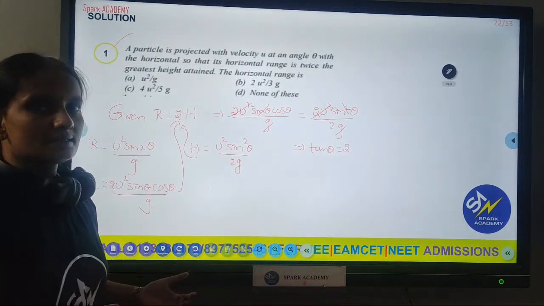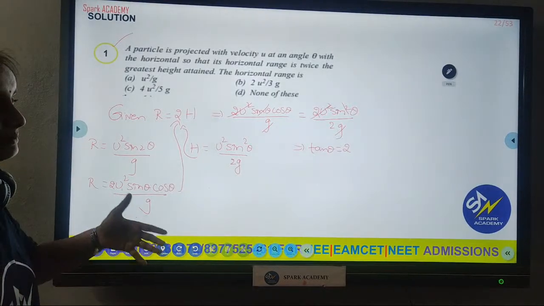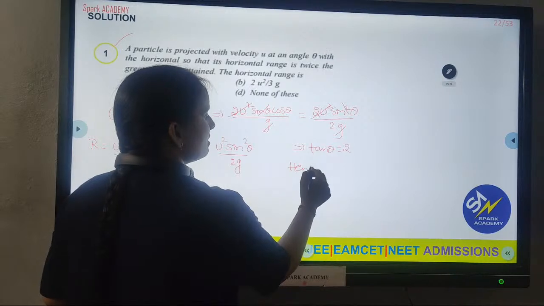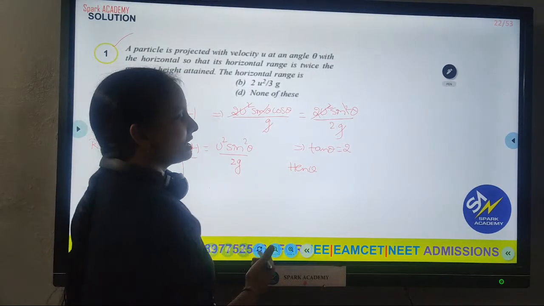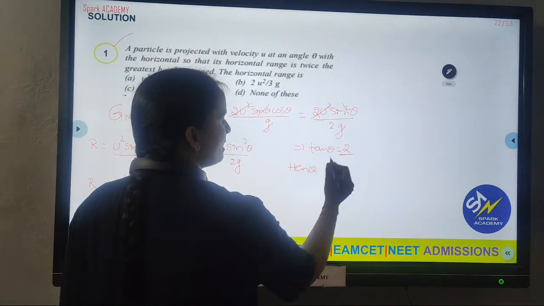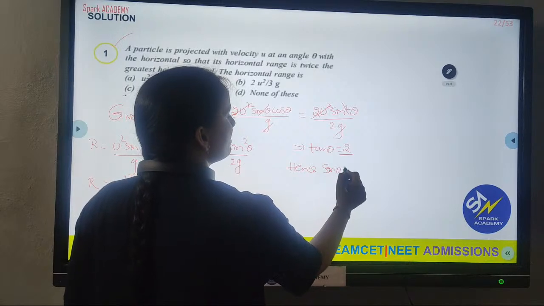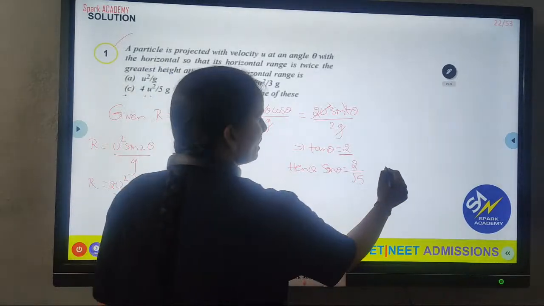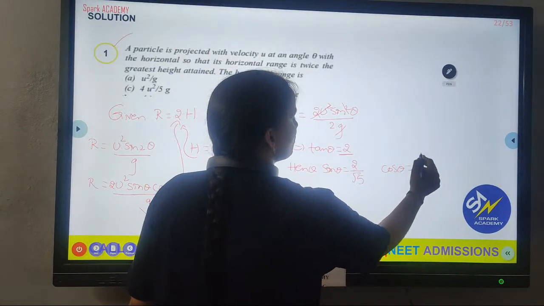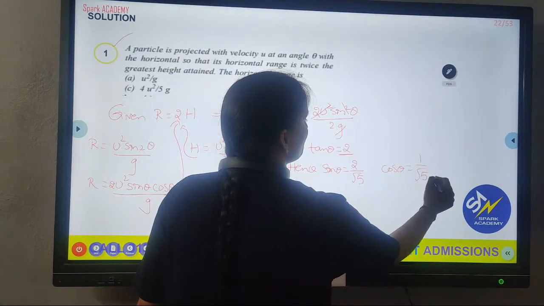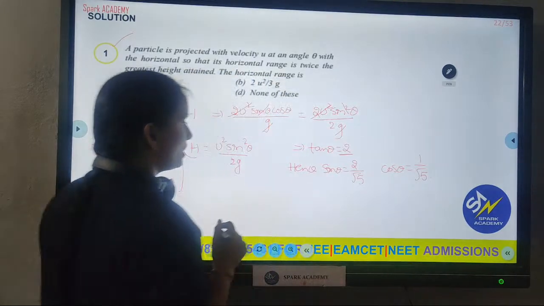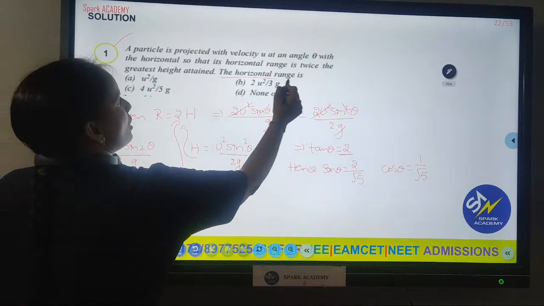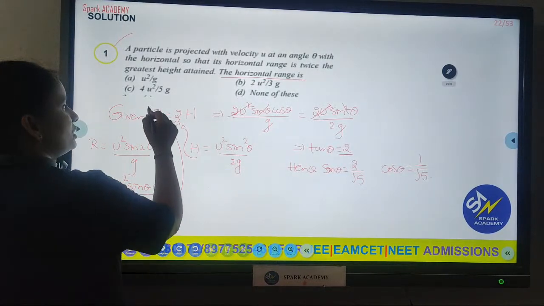So tan theta is nothing but opposite side by adjacent side. Hence, from the trigonometric ratios with this value, sin theta will be equal to 2 by root 5, and cos theta will be equal to 1 by root 5. Now, they are asking the horizontal range with this condition.